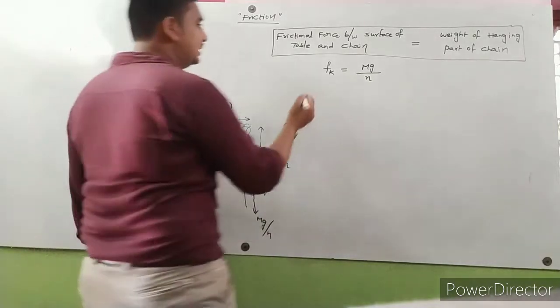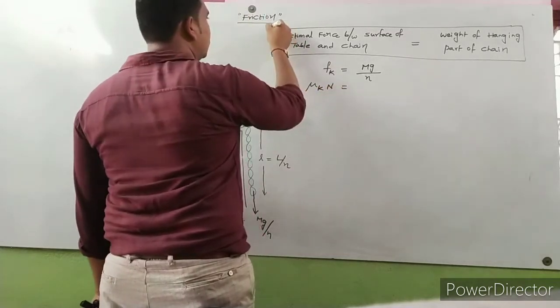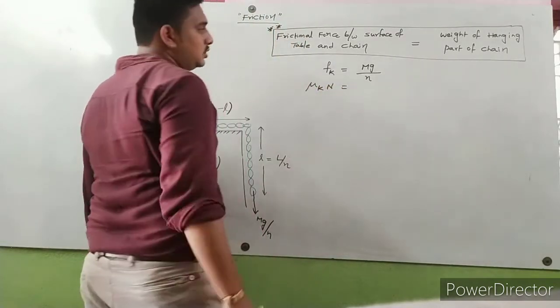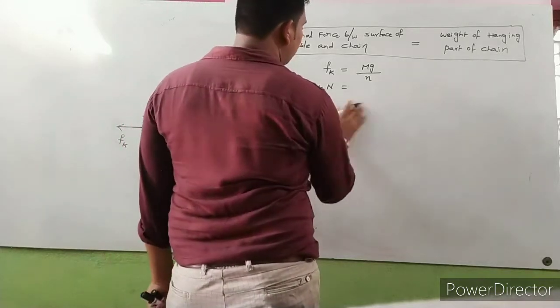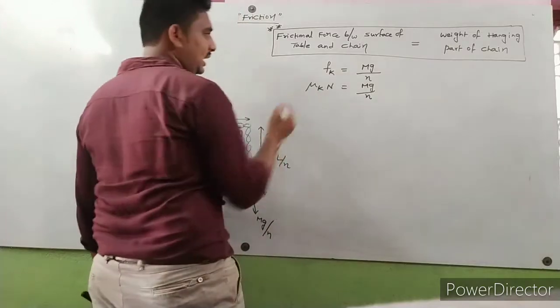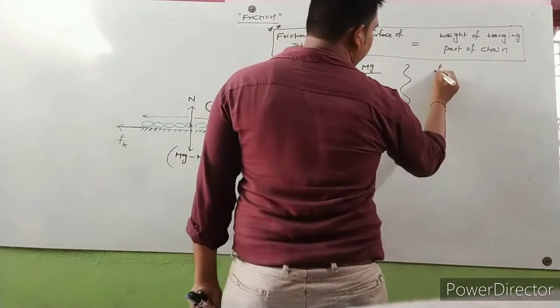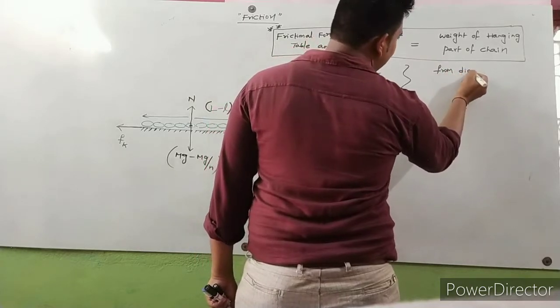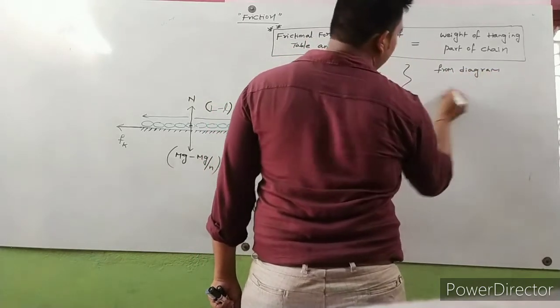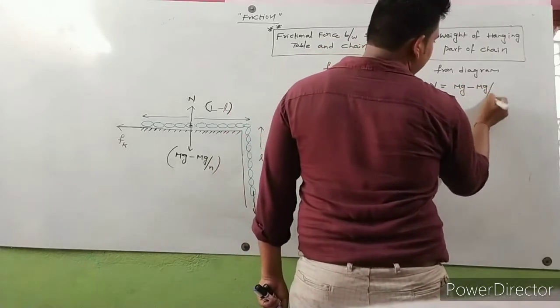Here Fk is nothing but mu k into N. This is a note point. So Fk is equal to mu k into N, and from the diagram N is equal to mg minus mg by n.